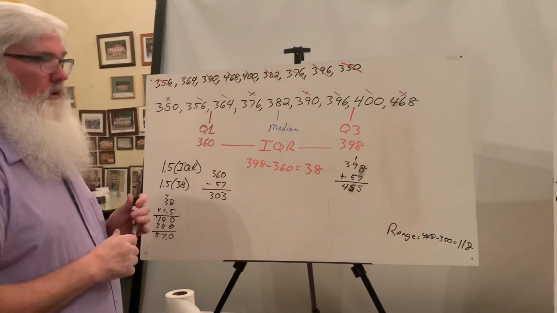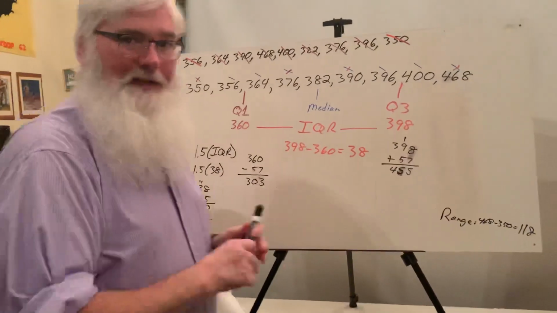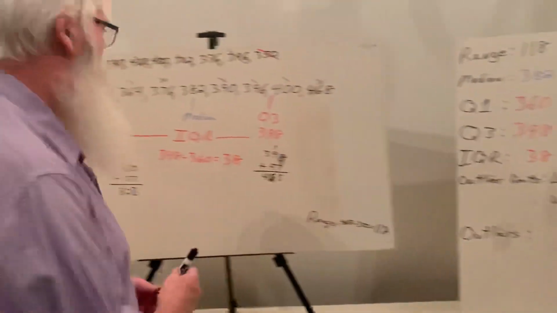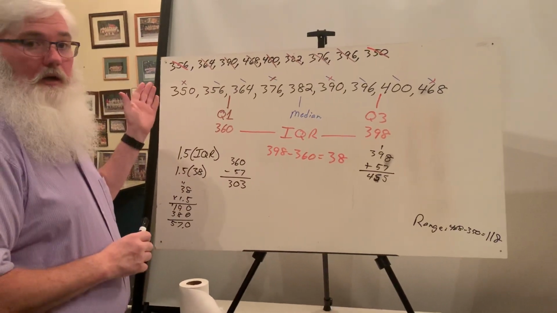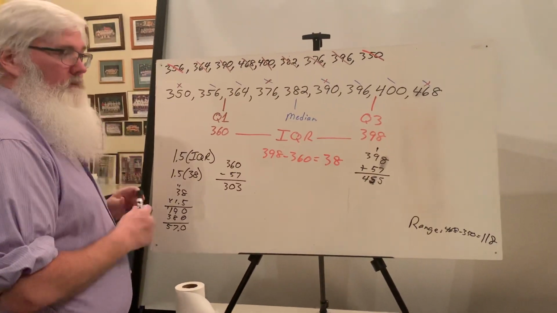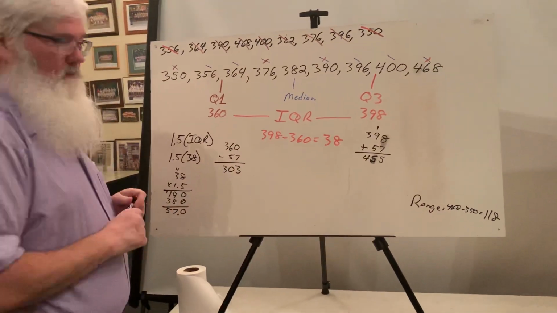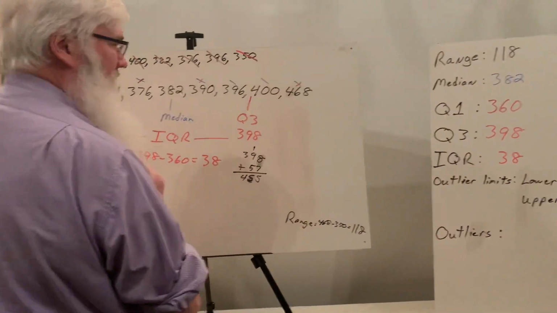Now, when we look at our data set, do we have any numbers in our data set that are lower than 303? Well, our lowest one is 350, so we do not have an outlier on the low end. So let's look at our upper limit. We have an upper limit of 455.